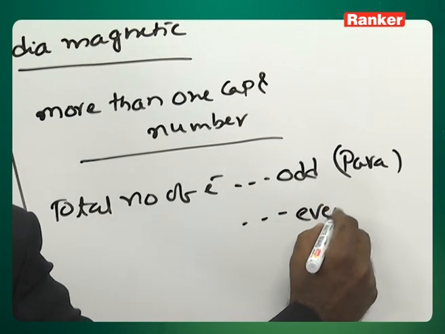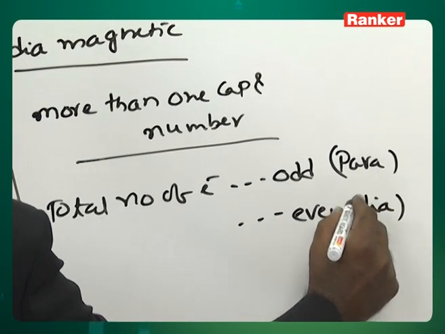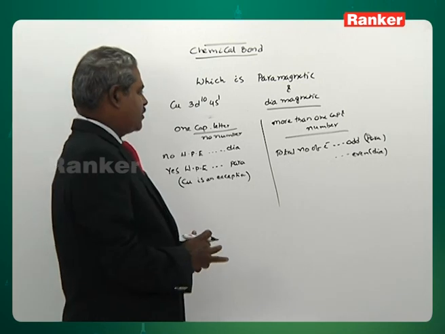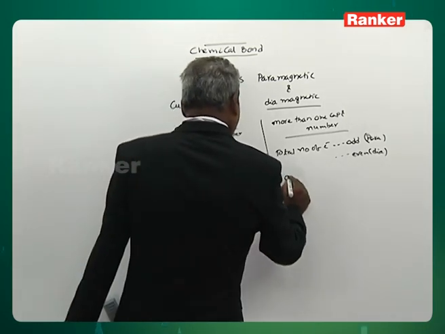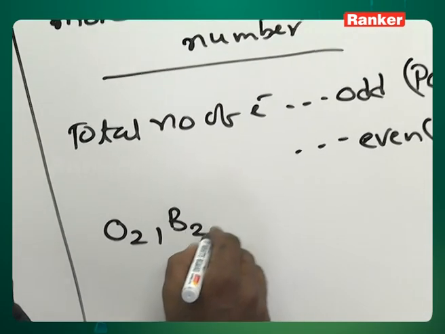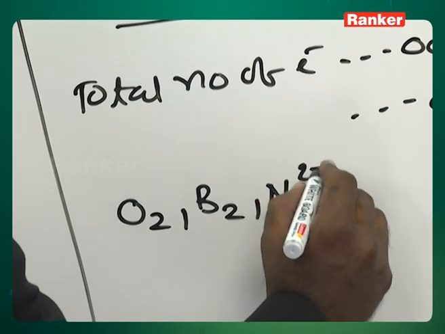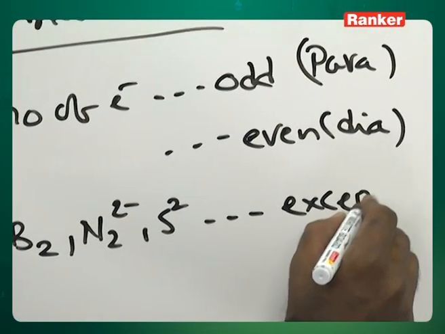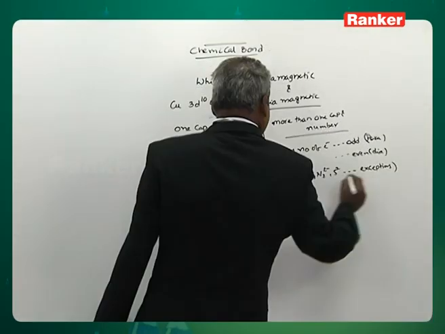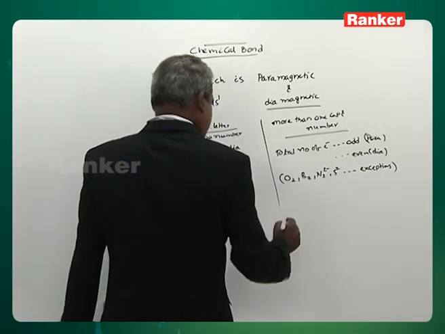Even, it is dia. Total number of electrons, odd, para, even, dia. O2, B2, N2 2 minus, and S2 are exceptions. Let us see what I mean by that.